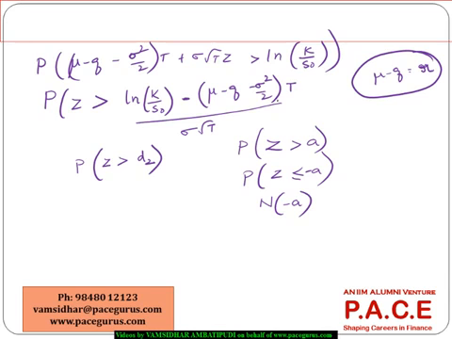N of minus a is the cumulative distribution of n of t that can be estimated from our tables. But whenever mu minus q is the same as r, then it becomes the probability of z greater than d2, or the probability of z less than or equal to minus d2. Otherwise, it becomes n of minus d2.